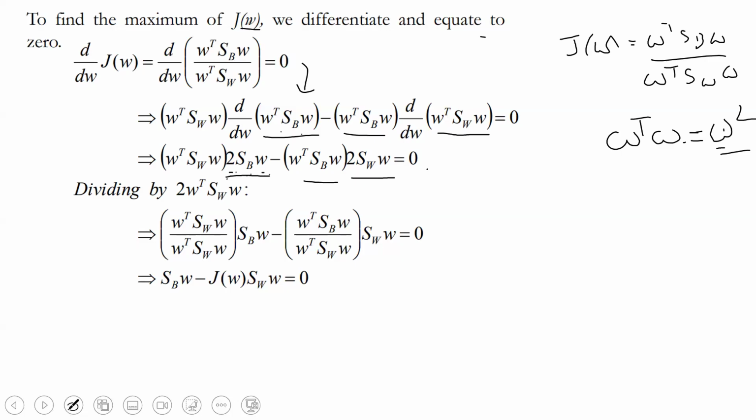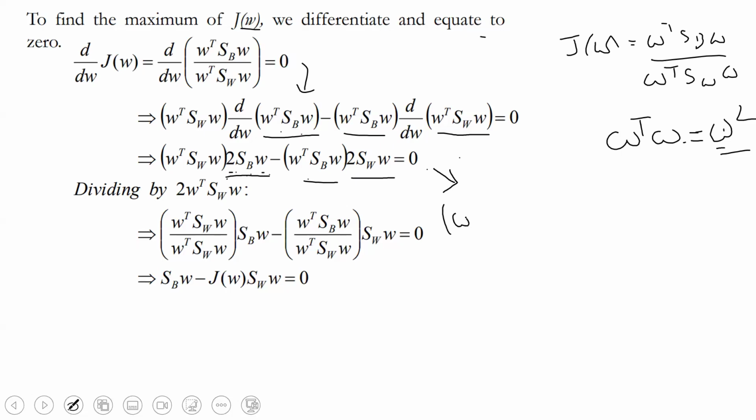Now, to simplify this, what I'm trying to do here is find out this thing, right? Take this equation. Take this value to the other side, and take this value to the other side, and you will get an equation something like this.